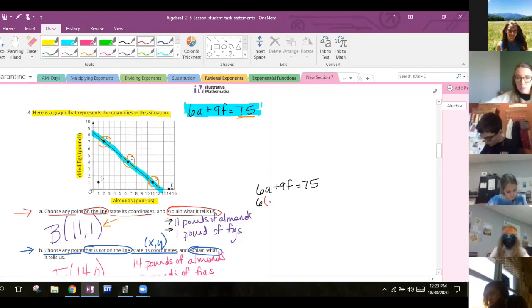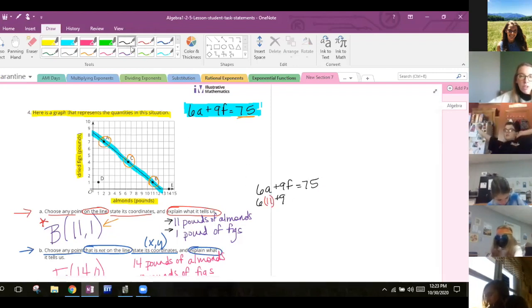If we're looking at point B, 11. Okay, and then bring down my $9 for figs, but instead of F, I'm going to put 1. All right, and then all of that should equal 75 according to Braden's assumption.